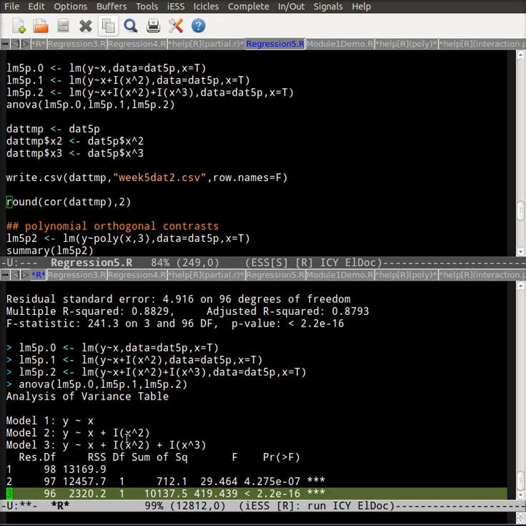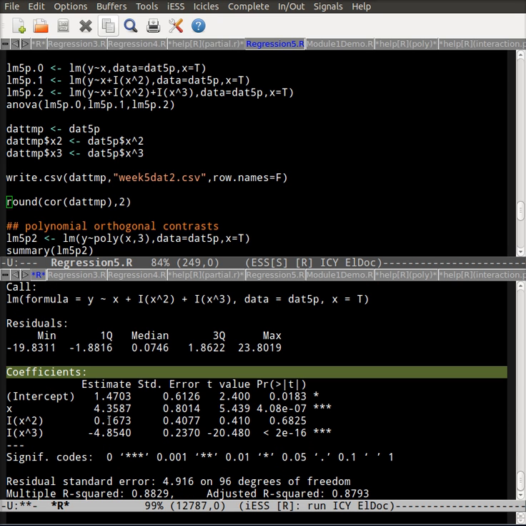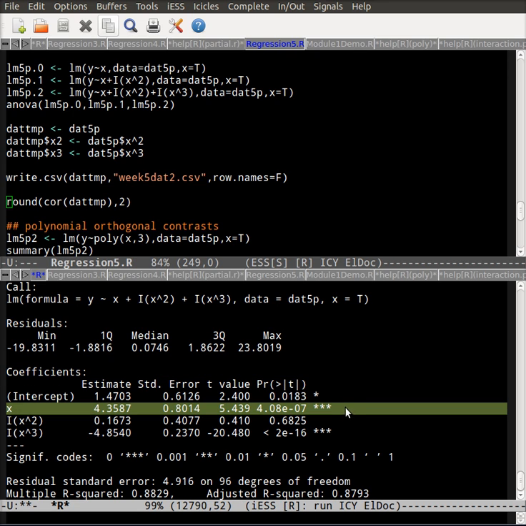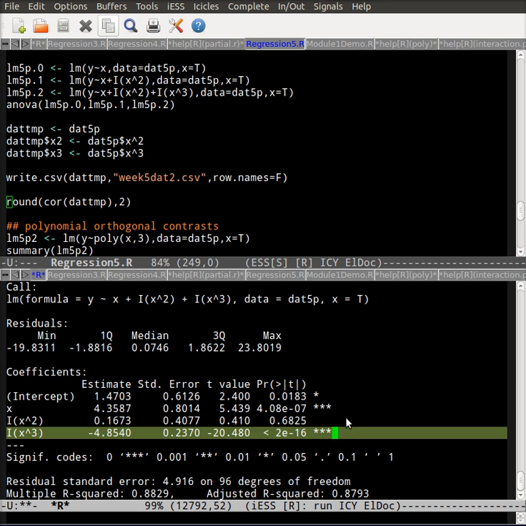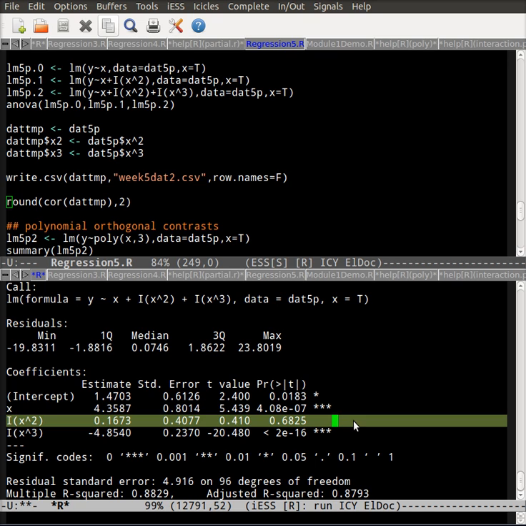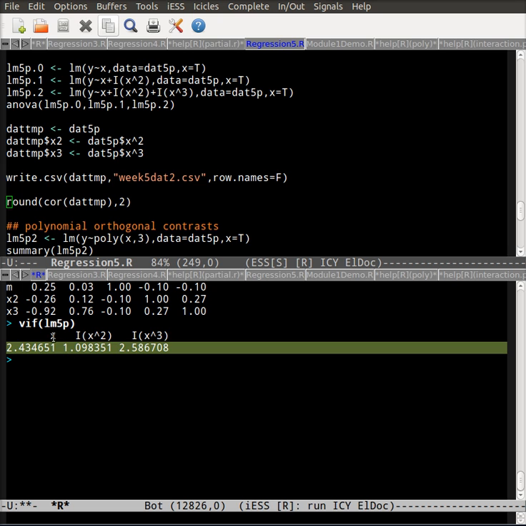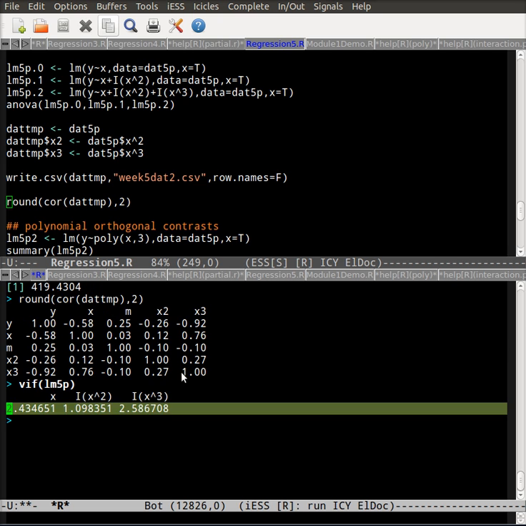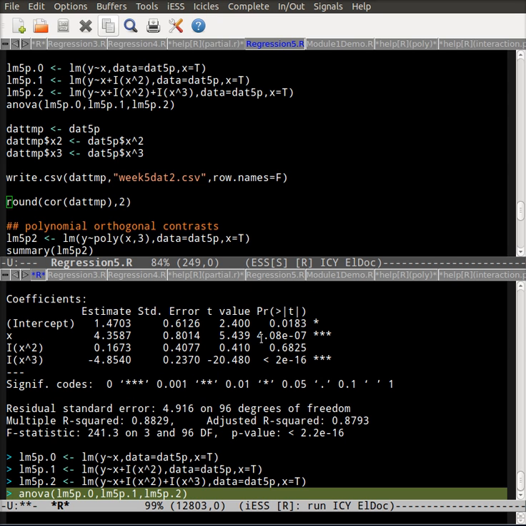But if you go back to the entire model, you'll notice that x and x cubed are both significant. So VIF affected it, but not sufficiently enough to change our decision. And the VIF for x squared was relatively low, close to 1. It's 1.1, and yet it was non-significant.